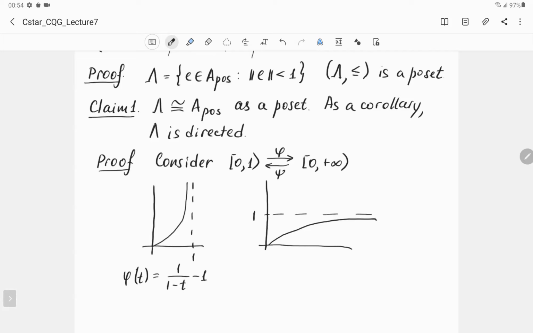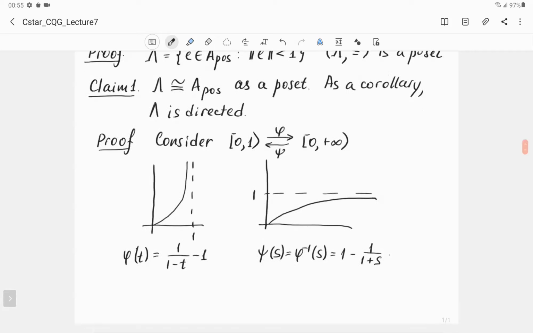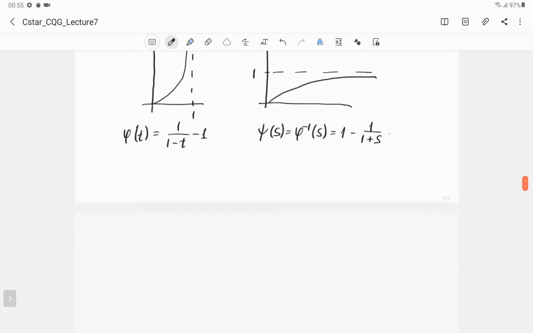So this is psi. Psi of s is phi inverse of s. And explicitly, this is 1 minus 1 over 1 plus s. Okay, and now to extend this bijection to an arbitrary C-star algebra, we use the functional calculus.